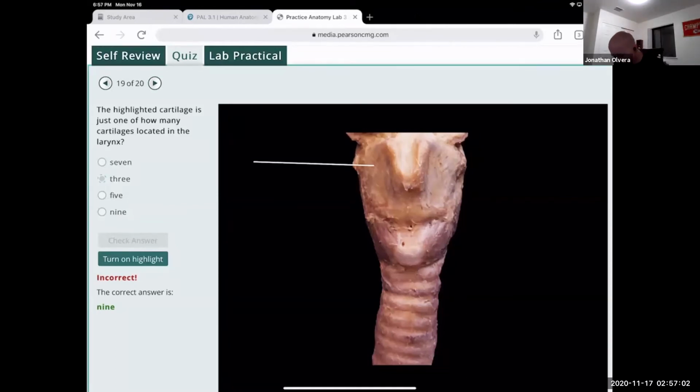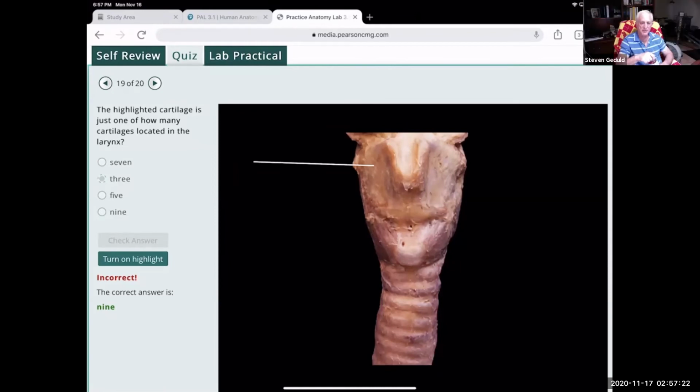It says tracheal cartilages, cricoid cartilage, arytenoid cartilage, corniculate cartilage, thyroid cartilage, superior horn of thyroid cartilage. That's 6. I only see 6 on here. Cuneiform cartilage.